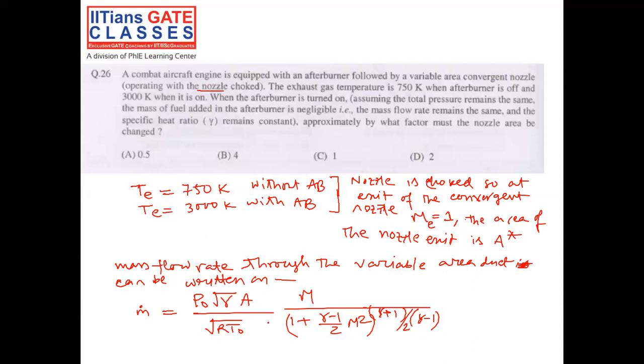So now here in this case, as the nozzle is already choked, so at the exit of the nozzle, Mach number is 1 and A is noted as A star. So for our problem, we can write A equal to A star and M equal to 1 at the exit of the nozzle.